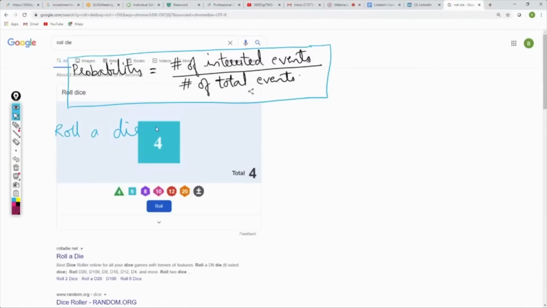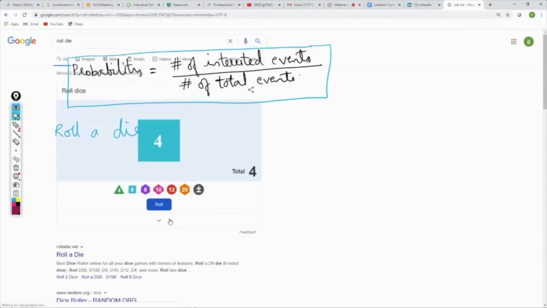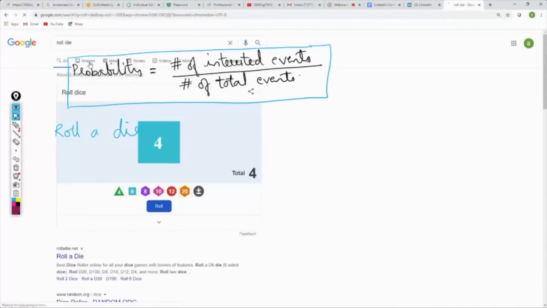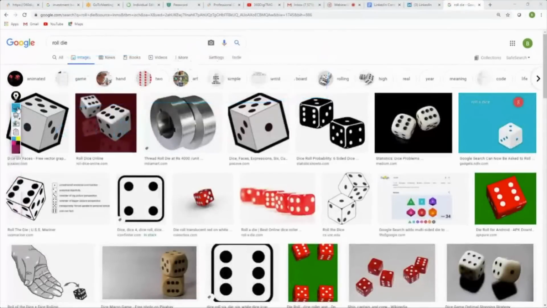So this is what I'm speaking about, just rolling a die. I can also go to images and show you. This is a die, right? If you roll a die, you might get a 1 or a 2 or a 3 or a 4 or a 5. You can get some number.